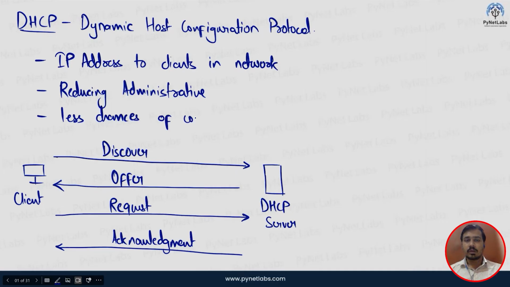Many times you might accidentally configure a wrong IP on a client, and because of which that client may not be able to participate in the network. With DHCP, we can ensure that none of the PCs in my network get a wrong IP address.